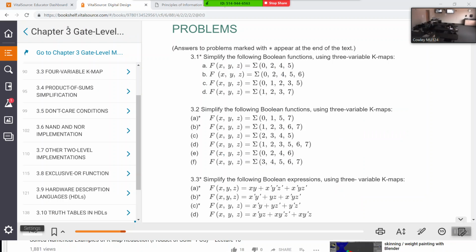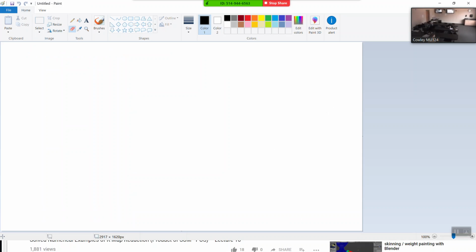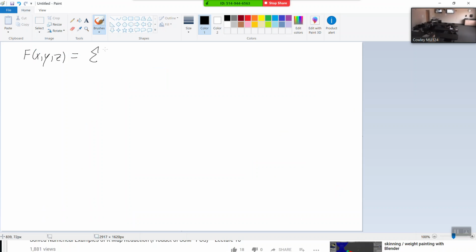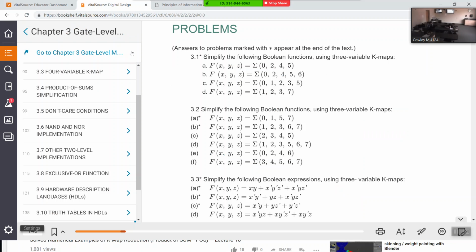And I guess I ought to write down the problem. F of XYZ is equal to the sum of minterms 0, 2, 4, and 5. The instructions say to simplify the following Boolean functions using 3 variable K-maps.